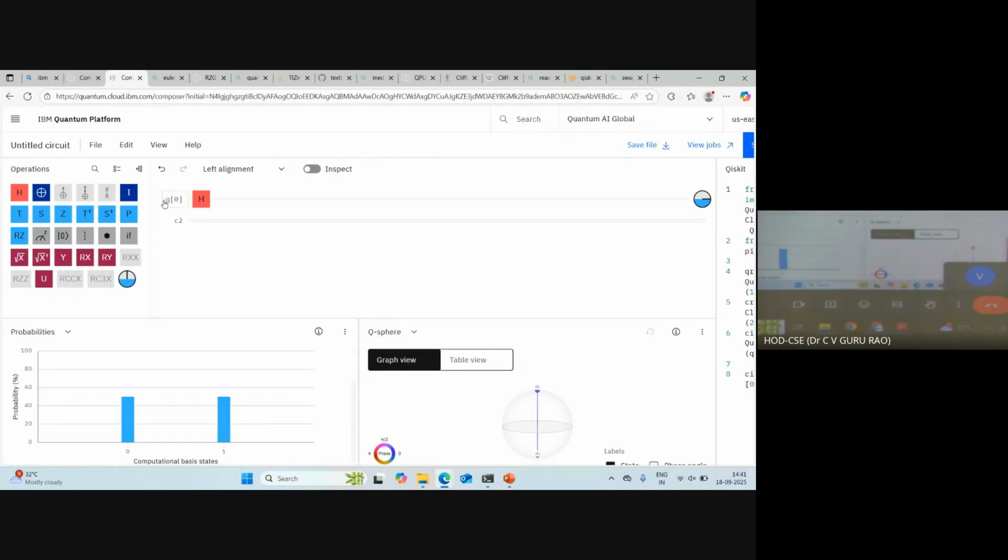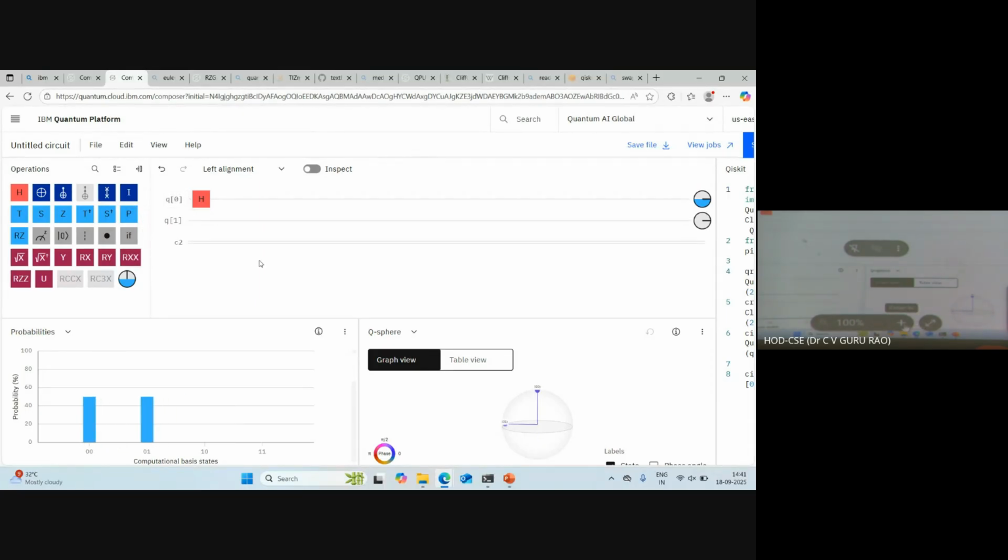Now let me add another qubit. I'm adding it. Okay. From the plus sign, we can add it. From the delete sign, we can delete. See, the probabilities are shifting. Earlier it was only 0, 1.